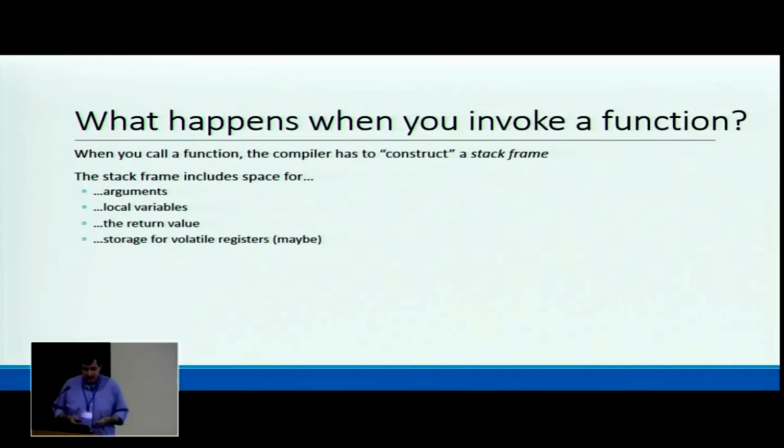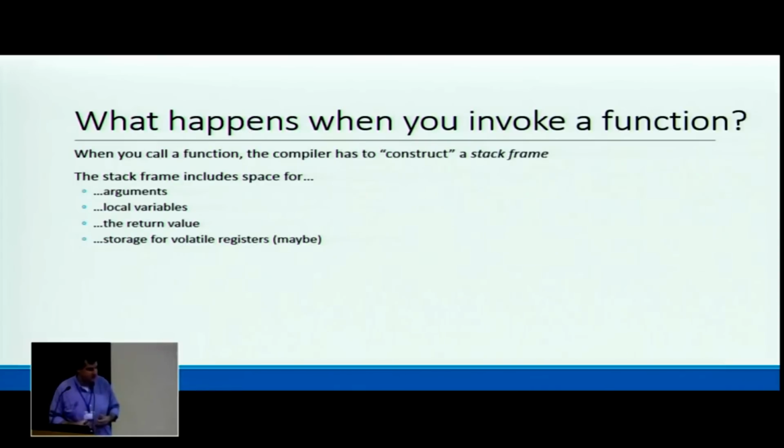So to look at that, we can start by looking at what happens when you invoke a function. When you invoke a function, the compiler has to construct a stack frame, right? I know there may be someone in here who's thinking that C++ doesn't have any concept of stack frames, and that's a machine thing, but we're talking about real machines here today. The compiler has to construct a stack frame.